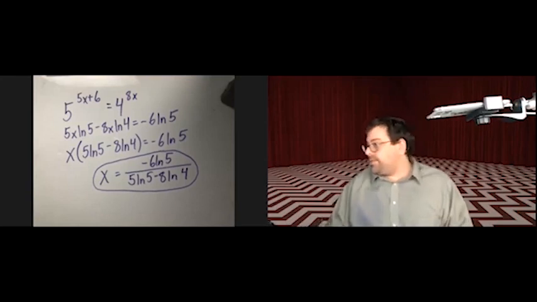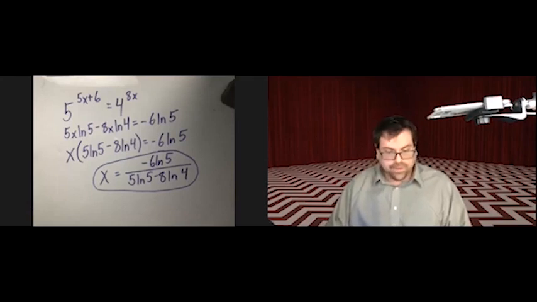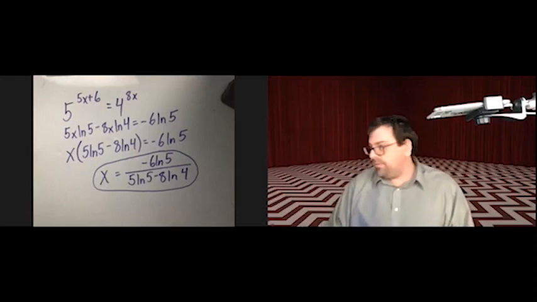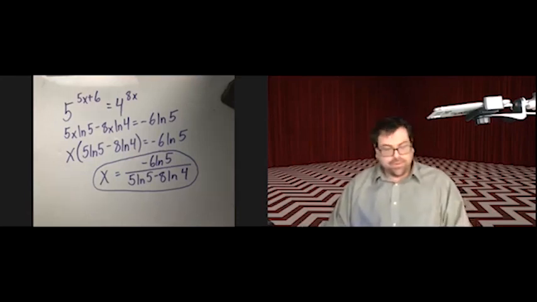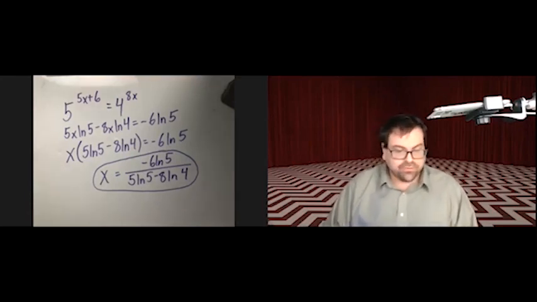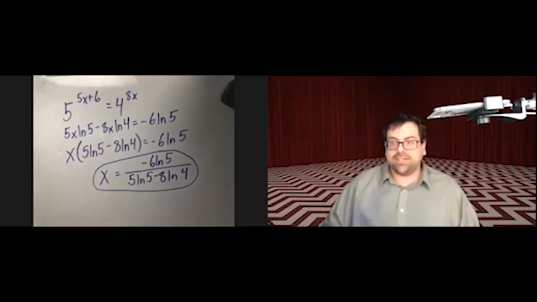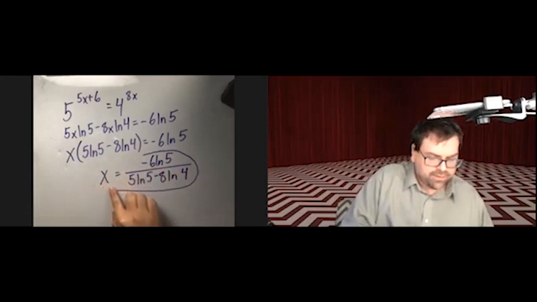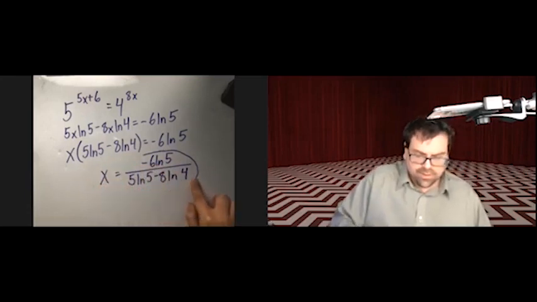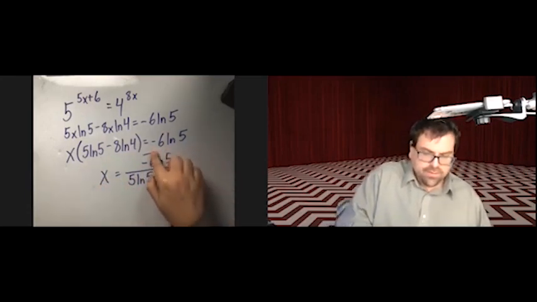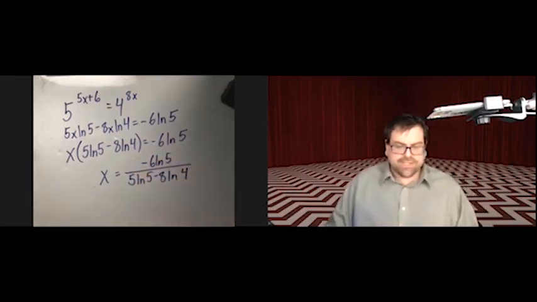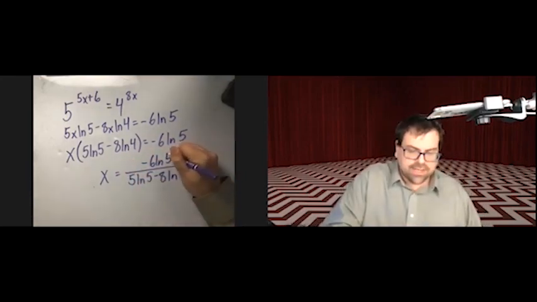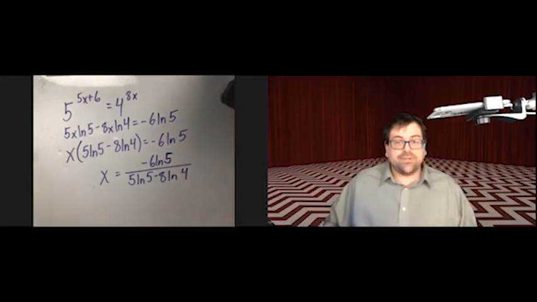The problem is we don't like that we have the negative. In fact, we would prefer that the top is positive. So I'm actually going to go ahead and uncircle this because we're not in final form yet. If this was a multiple choice test, you'd get this far and you'd realize, oh, that answer is not there.